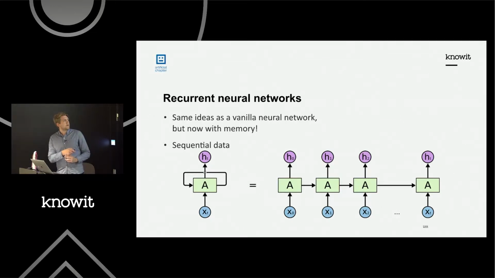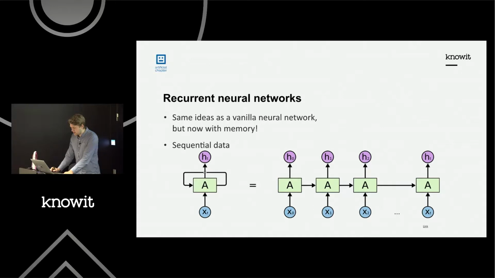One here and the hidden state it has, so that it always remembers where it is. It's really good to use on sequential data. For instance, in a sentence, it always knows what word it's on, so it remembers all the previous words.